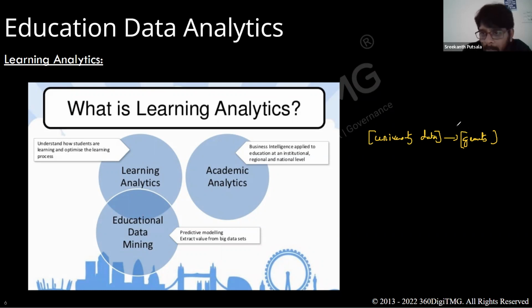Universities may also apply for grants to governments, or students apply for university grants. This is a major area where we can use predictive analytics. Based on the previous data, I am going to predict whether the student will get the grant or not, or whether a university could get a grant or not.